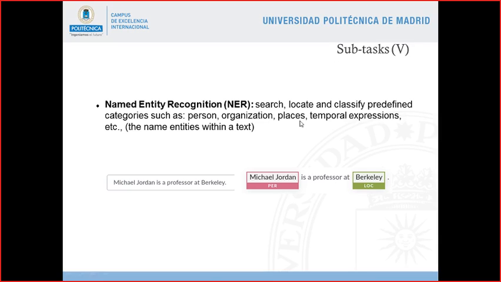The most common are person, organization, places, temporal expressions, etc., but we can define our own entities, for example drugs, treatments, toxicities, dates, etc. In this sentence, "Michael Jordan is a professor at Berkeley," the named entity recognizer gives us Michael Jordan as a person and Berkeley as a location.